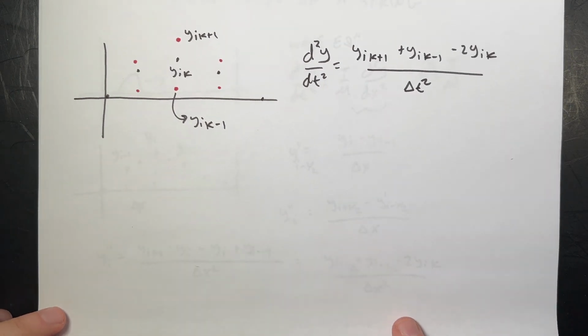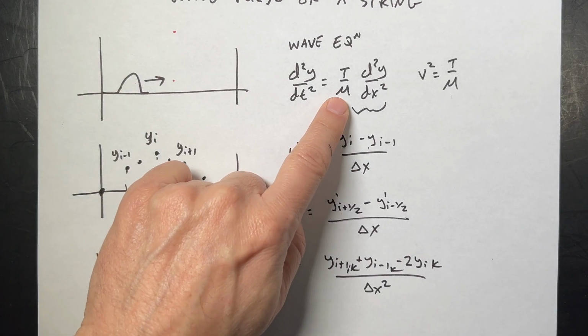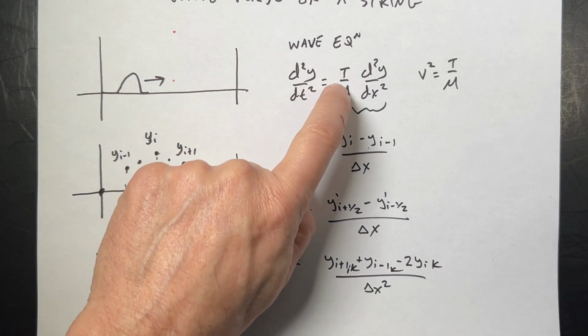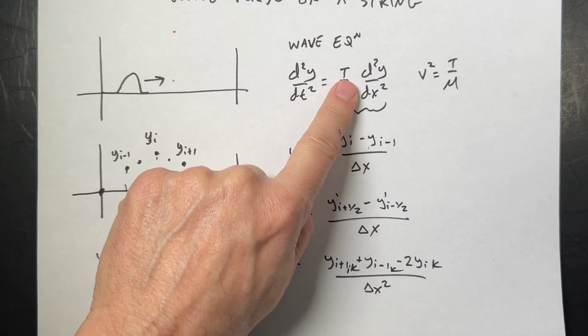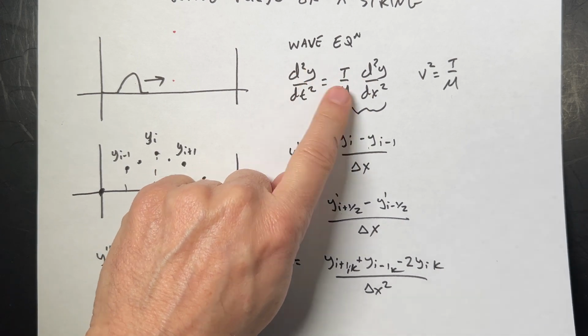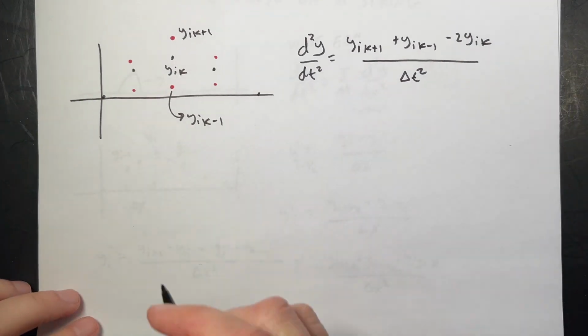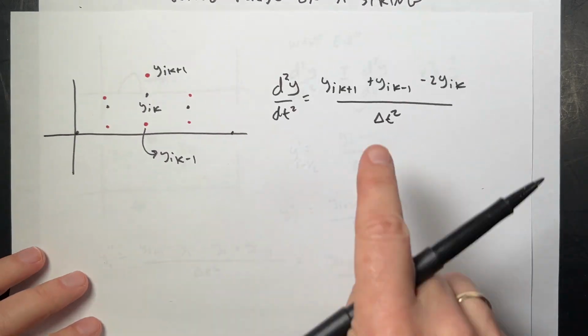I can set those two into the wave equation, and let's just call this value right here, I'm going to call that just r. No, wait, I'm not going to yet. Let's hold on to that. I'm going to call something else r. So let's just put in our expression for everything here. So I have the second derivative with time is this.